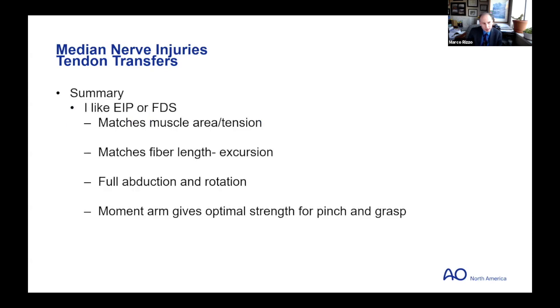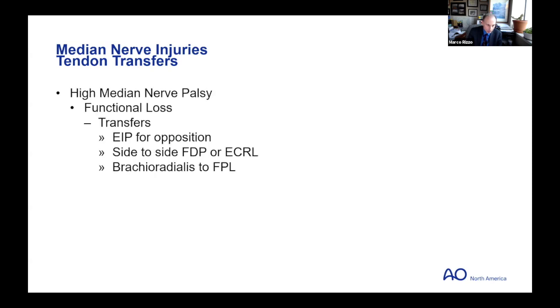I think the EIP or FDS matches the muscle area tension, particularly the FDS matches the fiber length, and allows good abduction and rotation, and the moment arm gives optimal strength for pinch and grasp. For high median nerve palsies, I prefer the EIP for opposition and the side-to-side FDP.